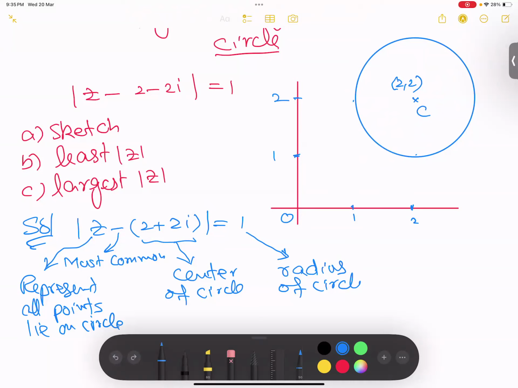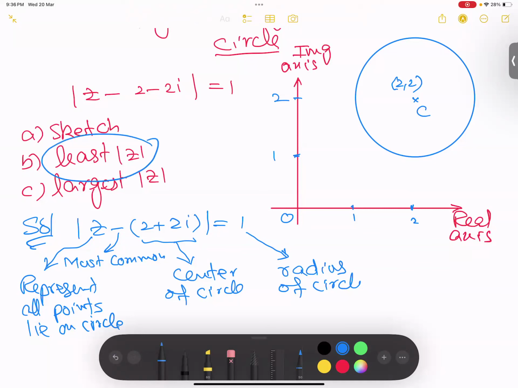Up till here the point is very clear. Now I'll proceed. So the sketch part is done. If you show this much only, you will get full marks. Here is the real axis, and here the imaginary axis. This is not compulsory, but good to write. So the sketching part is done.